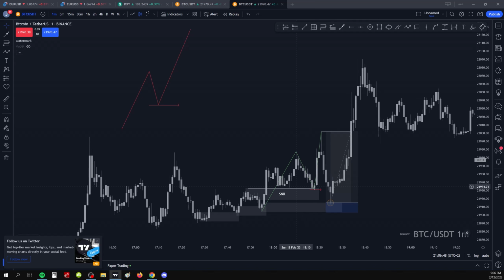And as you can see, this one, excuse me, this three ways was taken by this candle, and it created a bigger three ways.